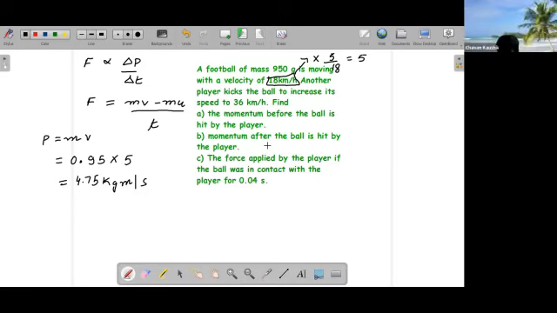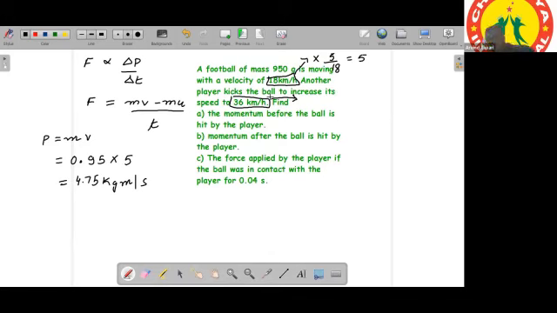Okay. Again, the same method. Now you will convert this 36 kilometer per hour to meter per second. Prince, how many meter per second will it be if you convert it? Sir, 5.36. Okay, do it and check. Take your time.